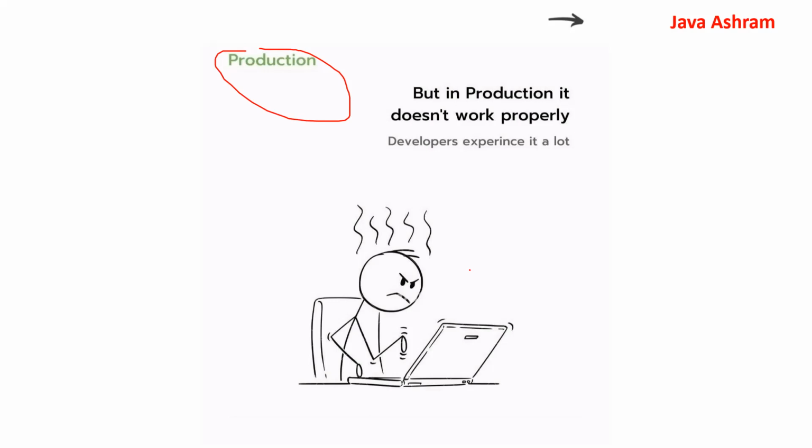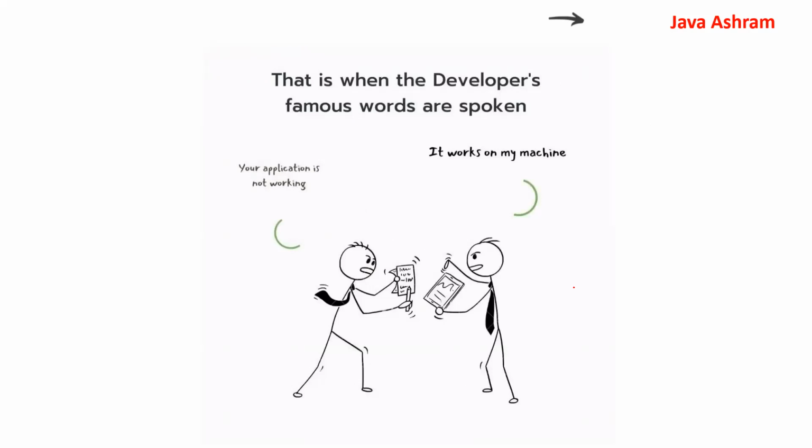And this is the experience that developers frequently face: the code is working fine in the development environment but it's not working in the production environment. That is when the developers' famous words are spoken.